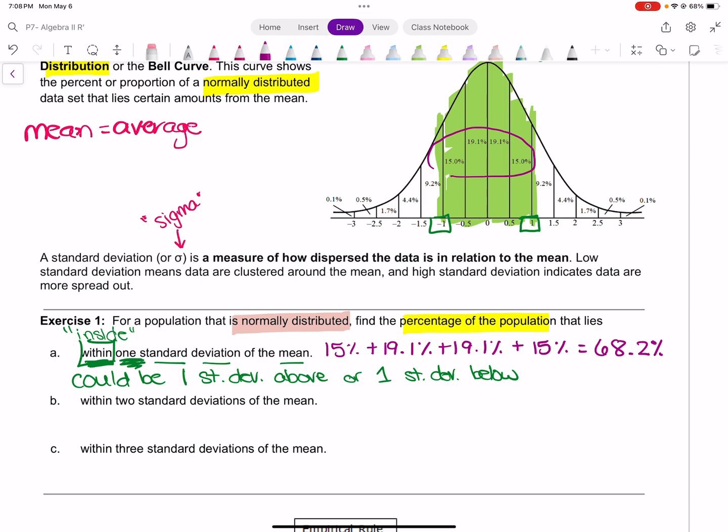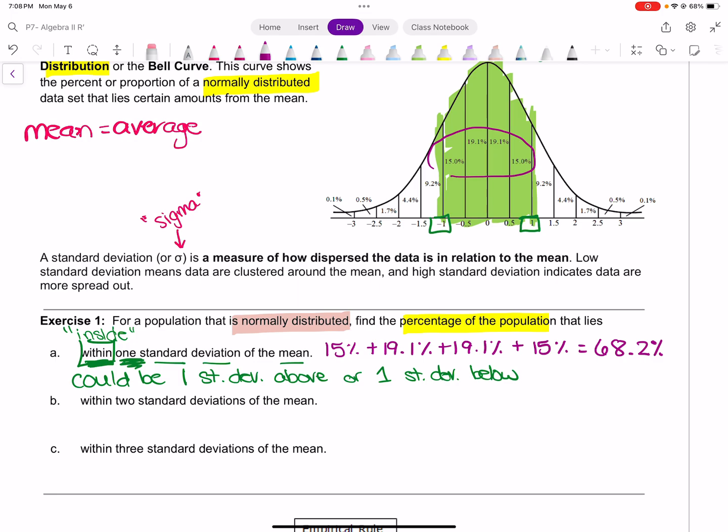This means that 68.2% of your data that follows a normal distribution, 68.2% of the data, more than half, should be within or inside of 1 standard deviation of the mean. It could be 1 above the mean or it could be 1 below, but as long as you're inside of that range, you should have 68.2% of your data.